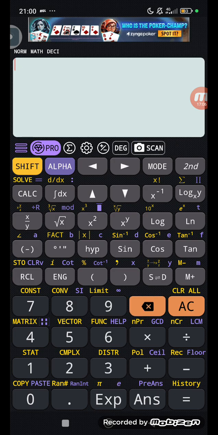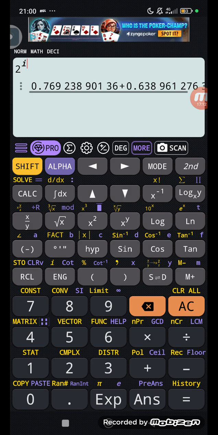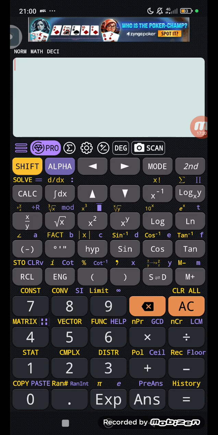Let's put 1. So we have 2 to the power of i, which is this number right here. It's a complex number.